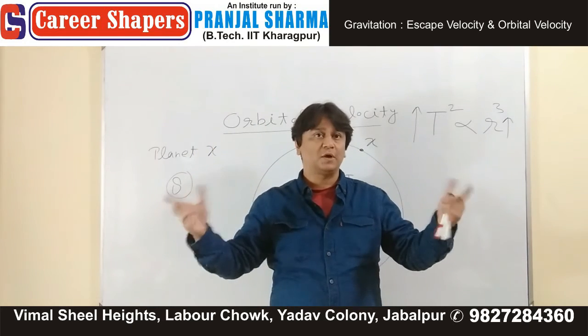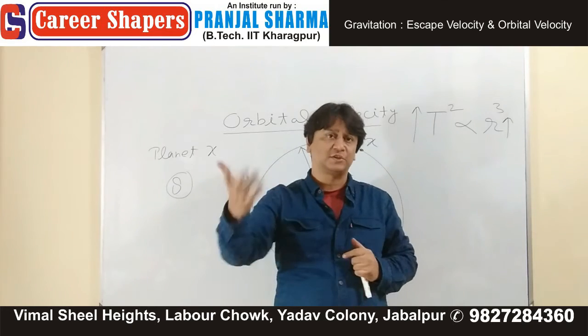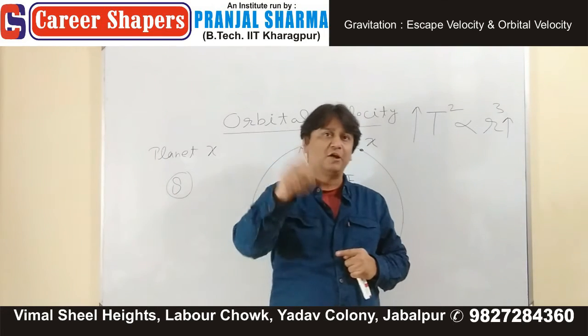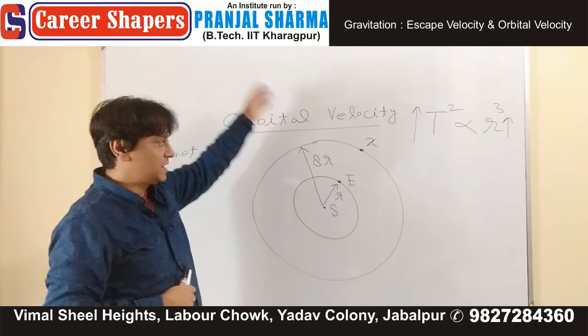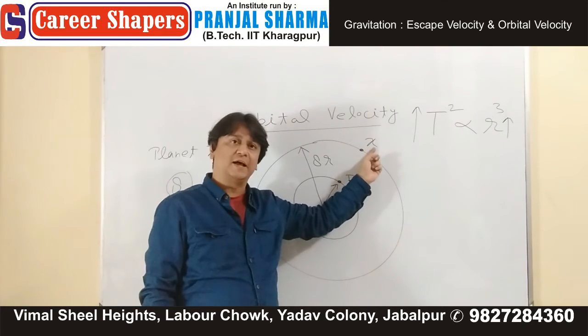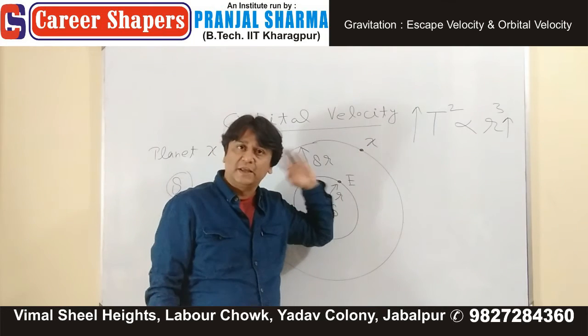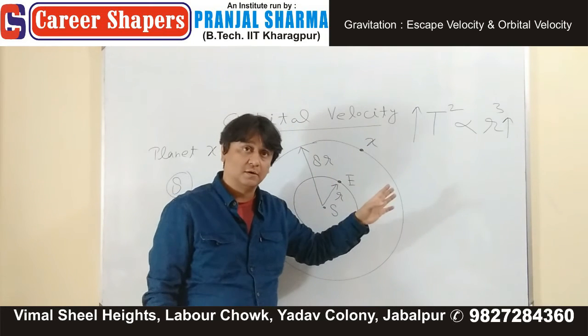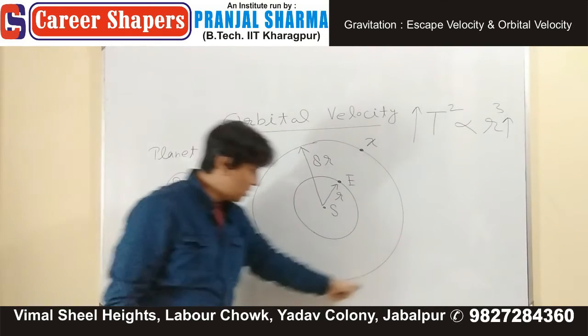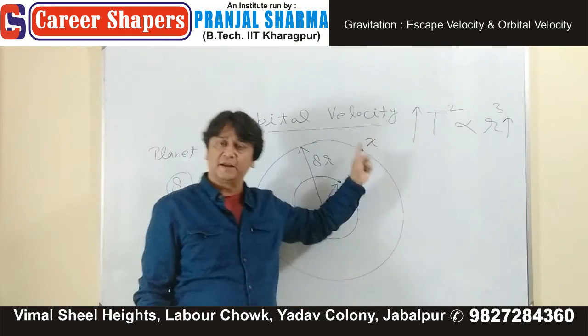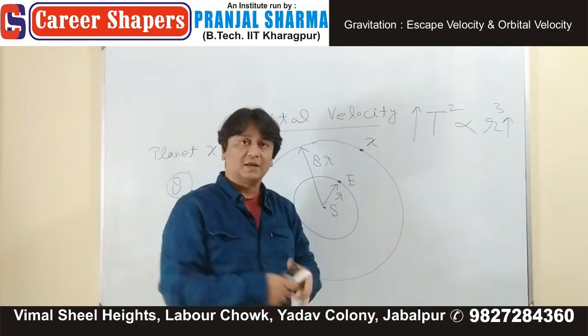This is called 1 year, which we know as 365 days, 1 day of 24 hours. So if you ask an astronaut, let's say who is present at this planet X, what is the length of 1 year, then it means you're asking him in what time your planet X has completed one rotation.